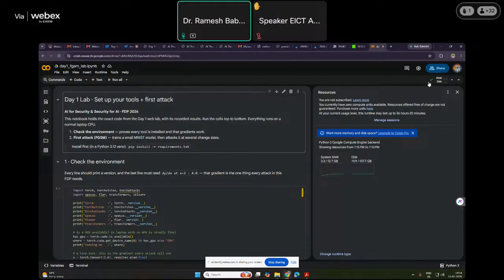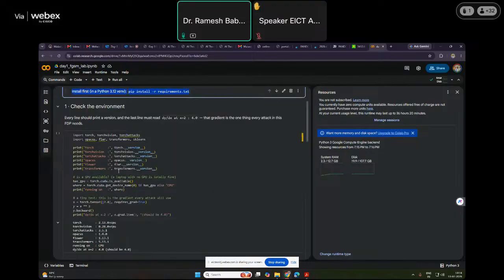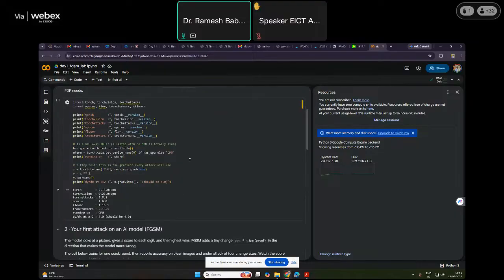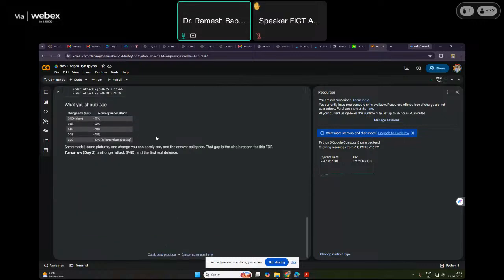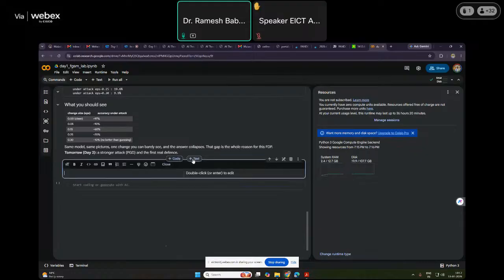Now that we are connected to this runtime, you will see different types of cells. These are your basic text cells, and these are your code cells. You can simply make them with the help of this arrow. Whenever you come to the end of a cell, you will see the code or text cell option. You can click any of them, and depending on your need, you can make text or code cells.